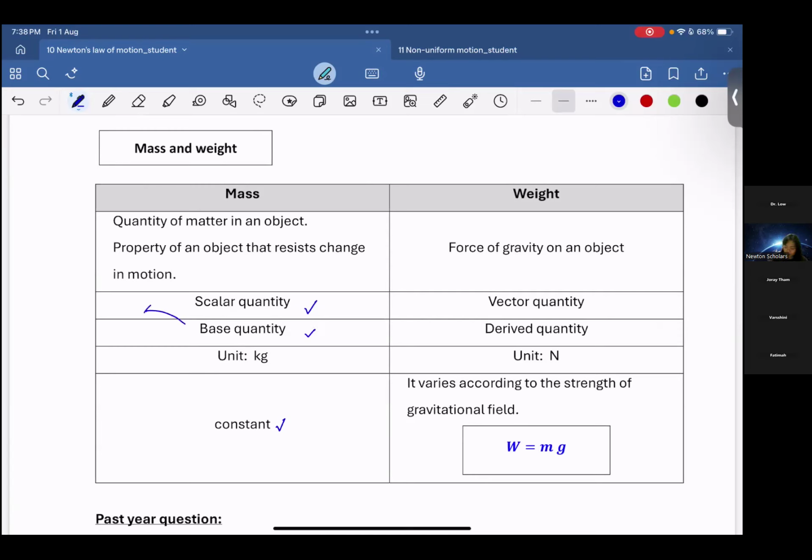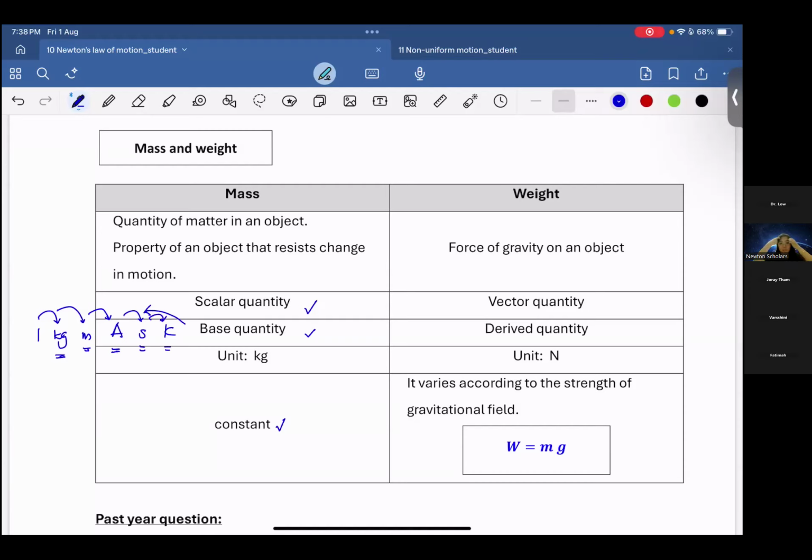In the first lesson I already taught you, we have a total of 7 base quantities, but in our AS year 12, we need to focus on 5 base quantities, and I already taught you how to remember them. I repeat: 1 kg is mass, so mass is a base quantity. 1 meter is length. 1 ampere is current. 1 second is time. 1 Kelvin is temperature.